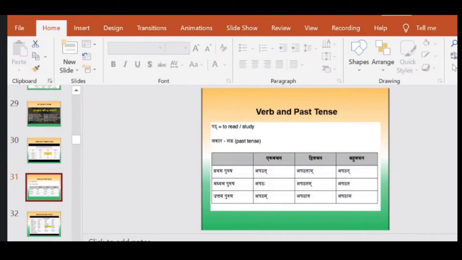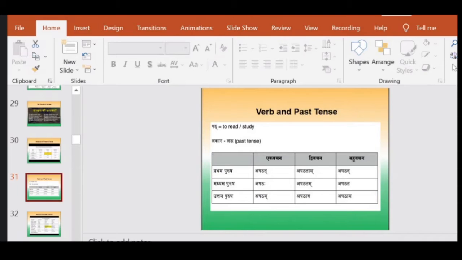Let me show you. This is pat. Pat is in the past tense here. Pat means to study or to read. Now, Pratham Purush is the third person, Uttam Purush is the self, Madhyam Purush is the you. So if I say Rajesh apathat, it means Rajesh read it.